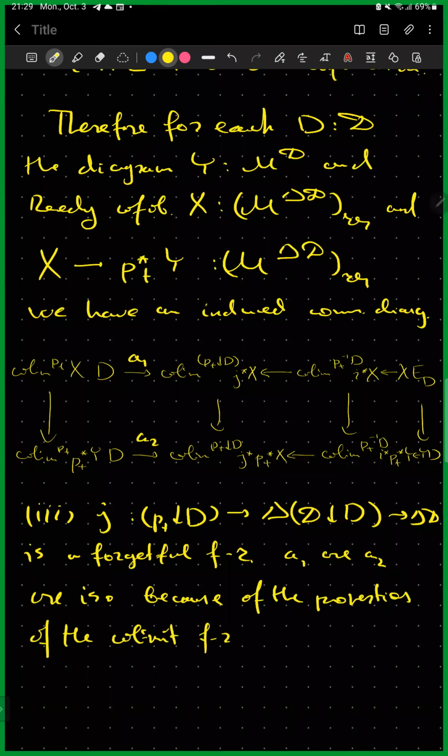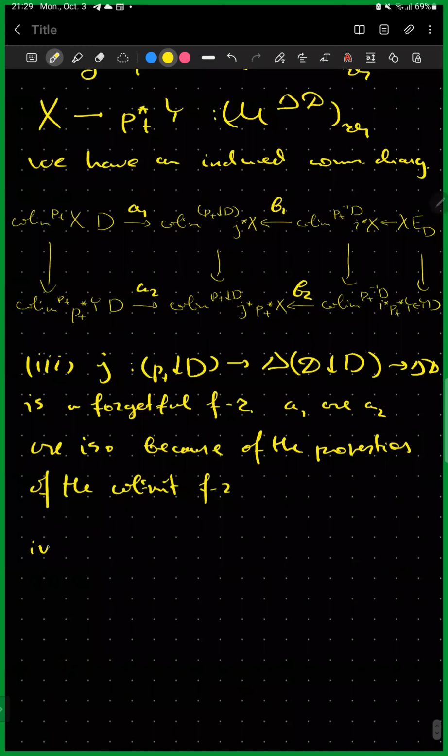It doesn't matter if we take colimit with respect to ET or with respect to this over category if we then compose with the forgetful functor. So these maps here are induced by the functor K.